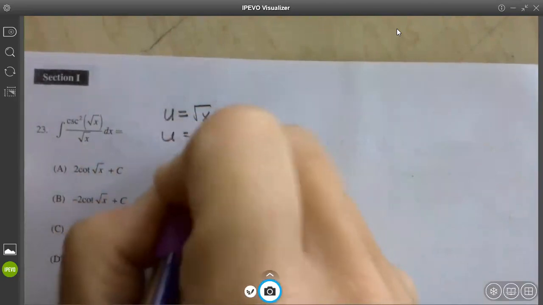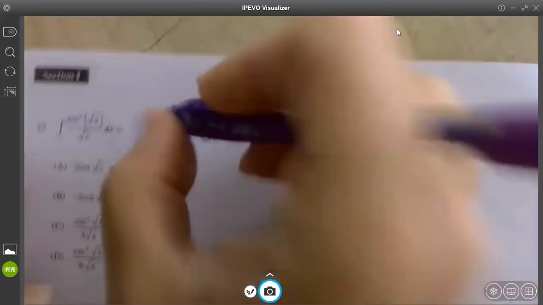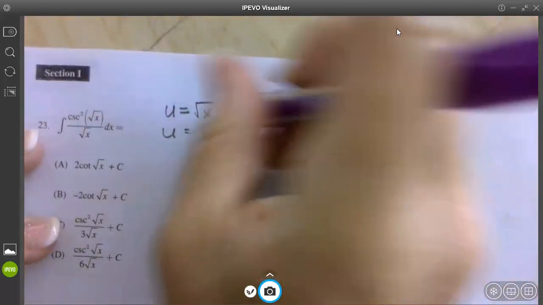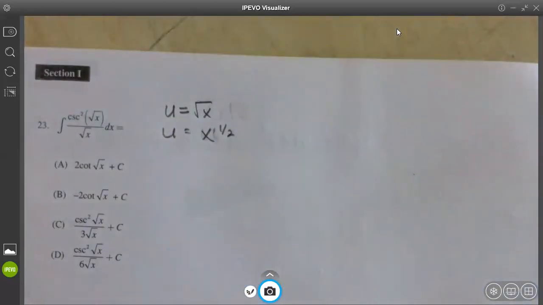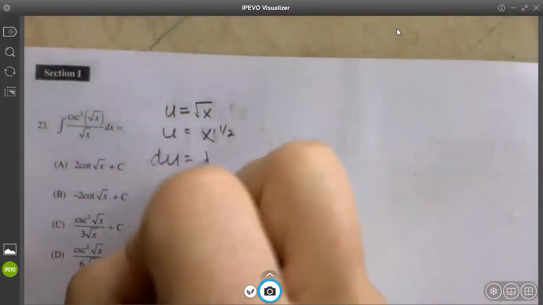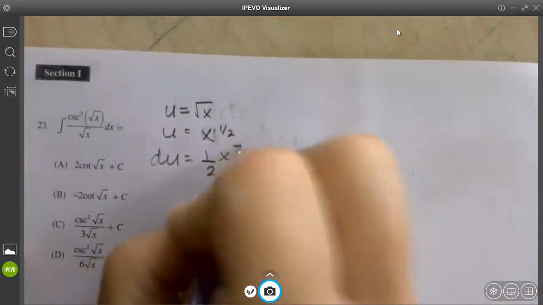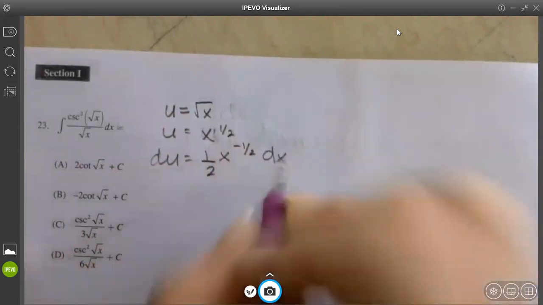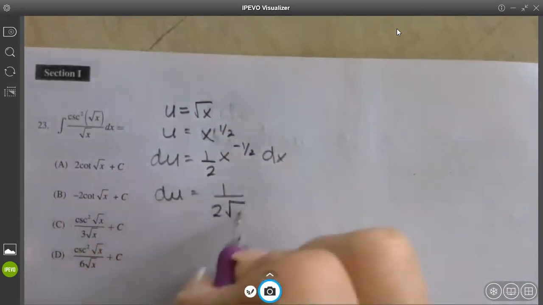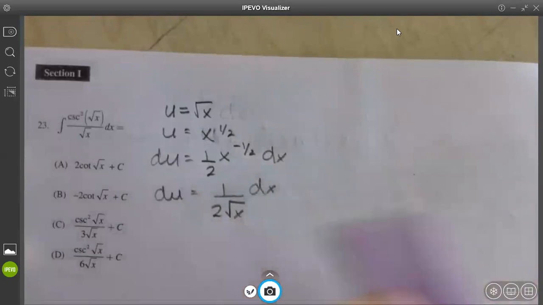Remember that that is x to the 1/2 dx. Take the derivative of x to the 1/2, which is the same thing as 1/2 square root of x dx.